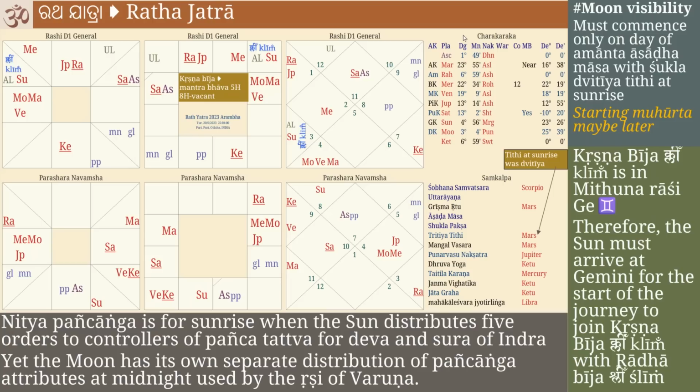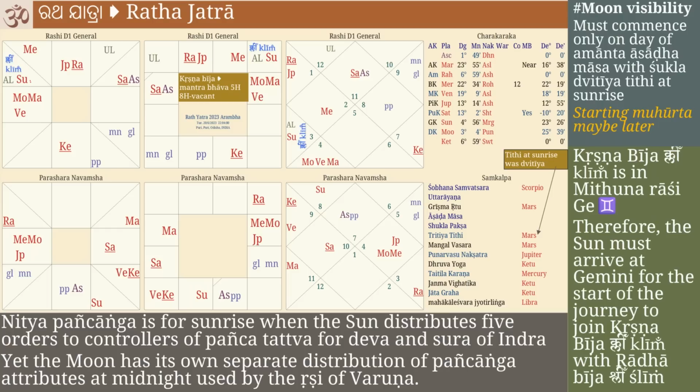And we need to understand the principles of how this merger of the Kling and the Shling Bijas happens. As discussed, the Kling Bija has to come to this point, Gemini.